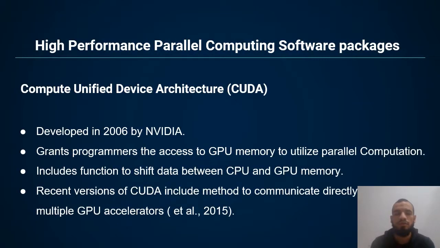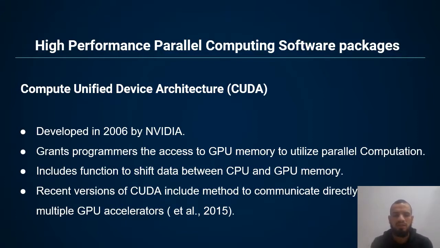So Compute Unified Device Architecture, or CUDA, was developed in 2006 by NVIDIA. It gives the programmers the opportunity to access the GPU so that it can be used for parallel computing. It also includes some functions that allow the transfer of data between CPU and GPU.